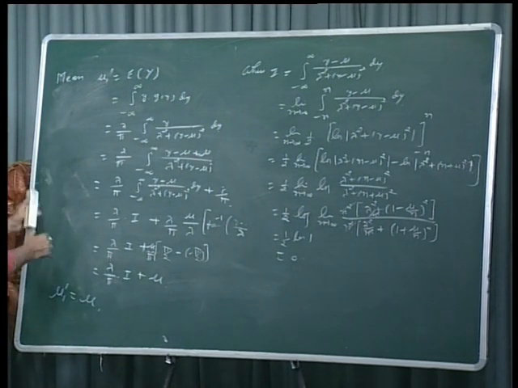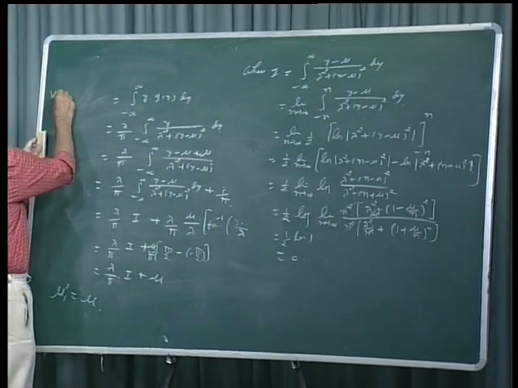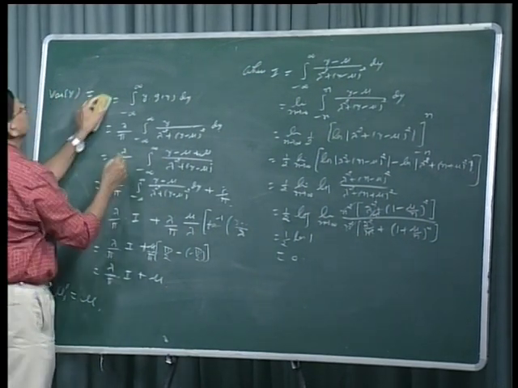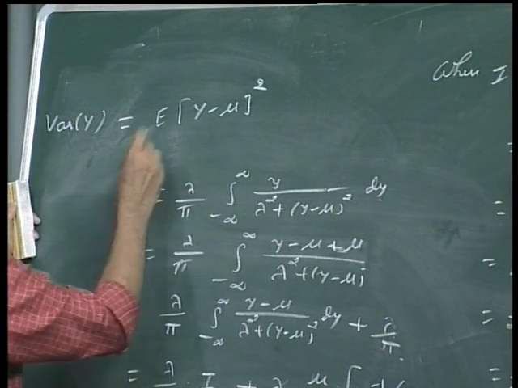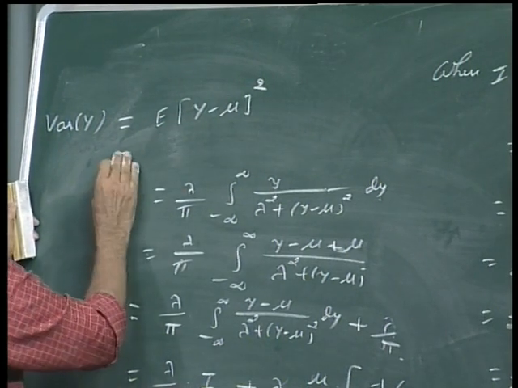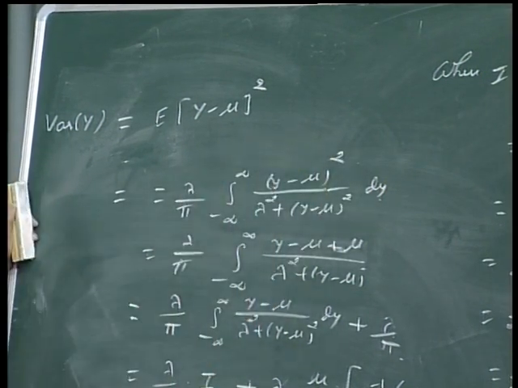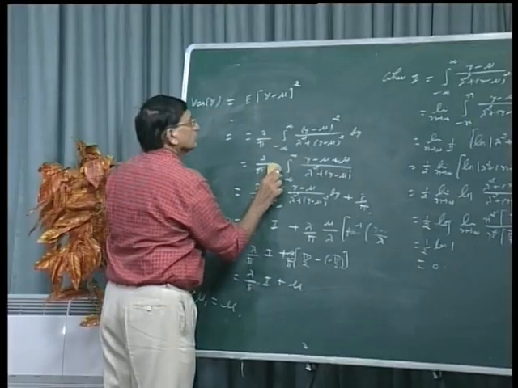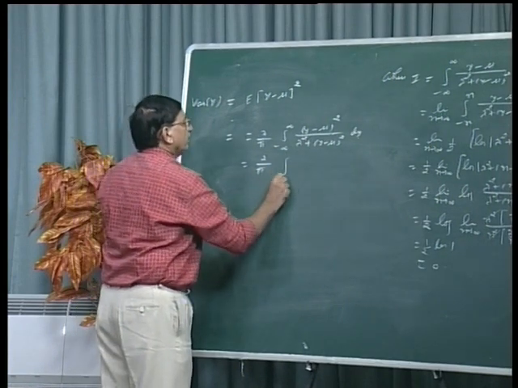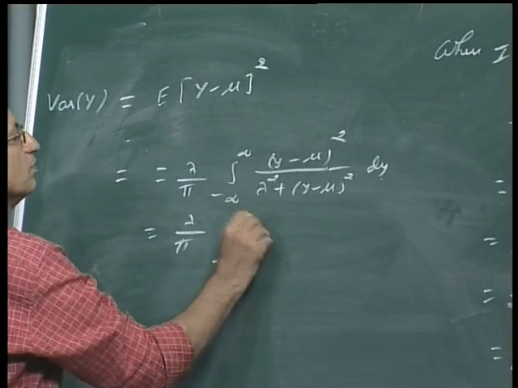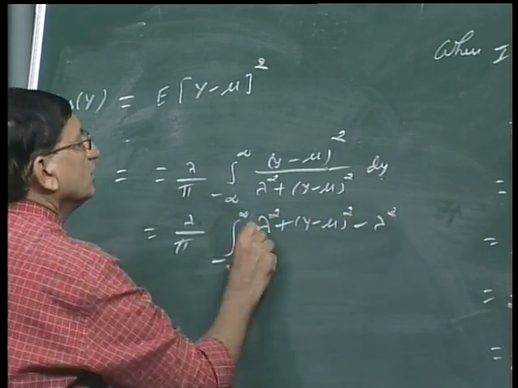So if we consider mean as mu, then we can find variance also. So say variance of y, that is expected value of y minus mu square, its conventional mean. So this is lambda upon pi y minus mu square gy dy, and therefore this is, here if we add and subtract lambda square, so lambda square plus y minus mu square minus lambda square upon this.